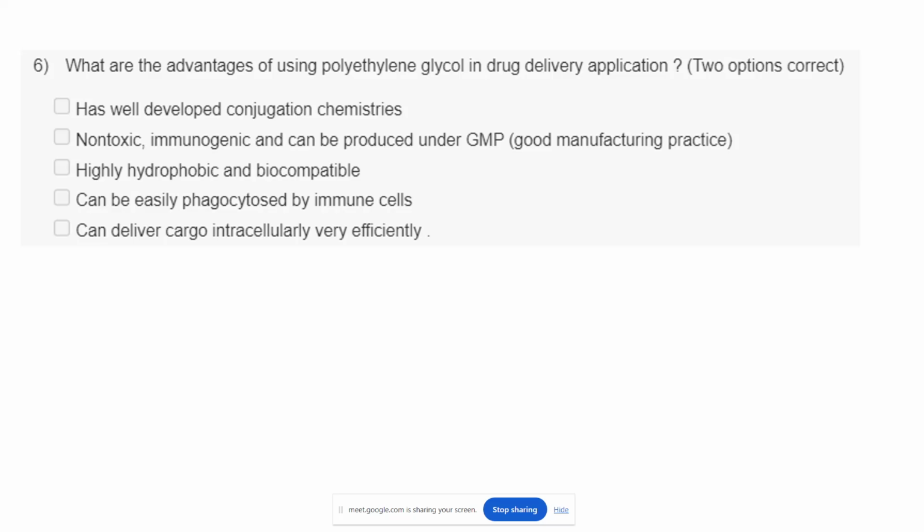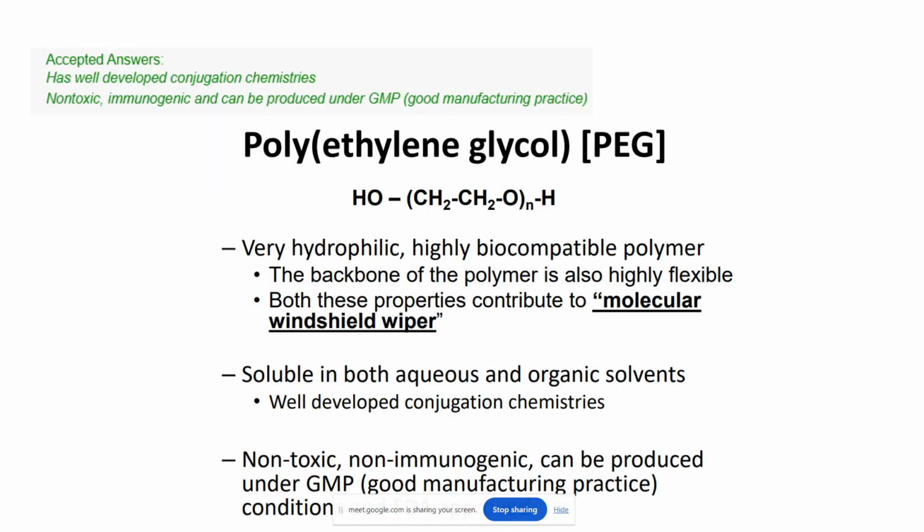Yes, most of you are correct. And the correct answers are first and second option. It has well-developed conjugation chemistries. It is non-toxic, immunogenic, and can be produced under good manufacturing practices. If you go through the lectures in the slides, you'll find that it is a very hydrophilic and highly biocompatible polymer, and the backbone of the polymer is highly flexible.